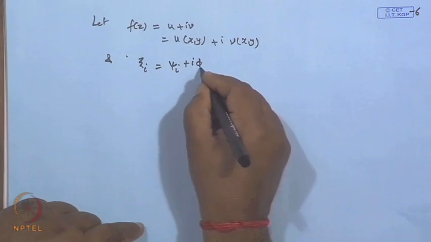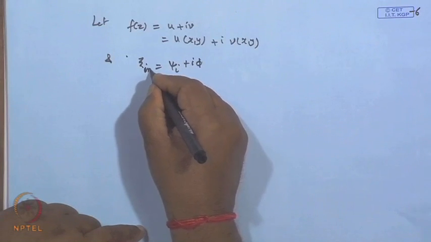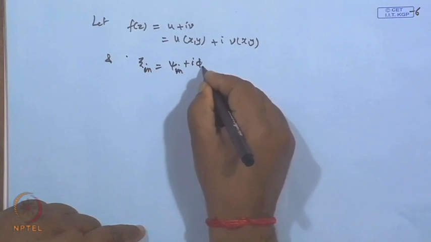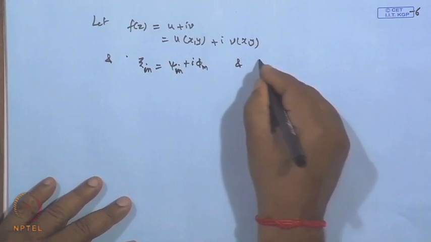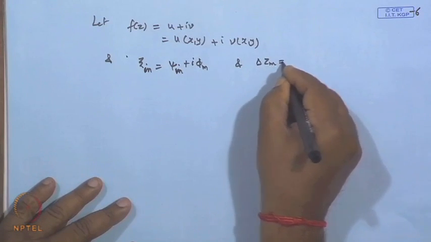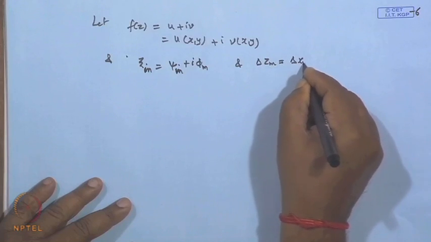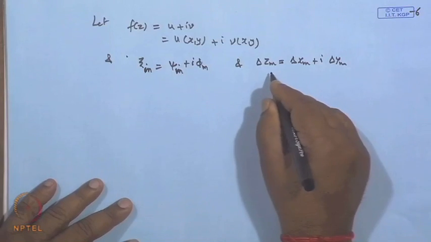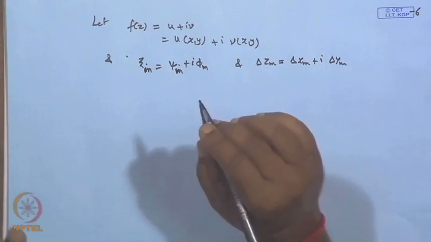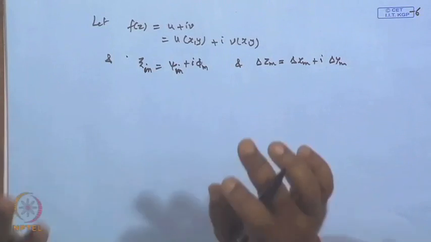Let us take this, so that i is not confused, and delta z_m is delta x_m plus i times delta y_m. In fact, this will be the z difference. Okay. So, let us set this point value.